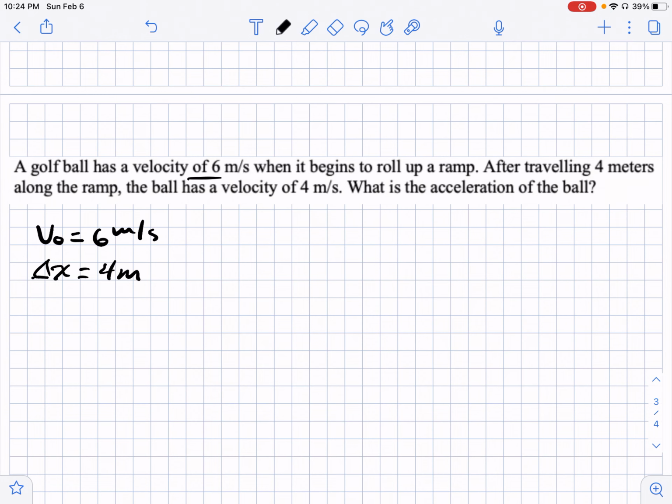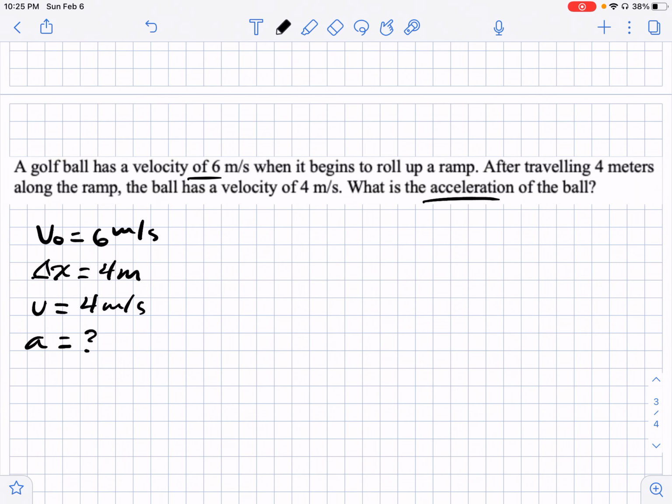It has a velocity of 4 meters per second, so that's going to be my final. And they want to know the acceleration. So we wrote down what's given and what's unknown. Now we need to identify which variable we don't care about in this problem. Okay, and if we're looking at it, we don't need time. So we need an equation that doesn't involve time.